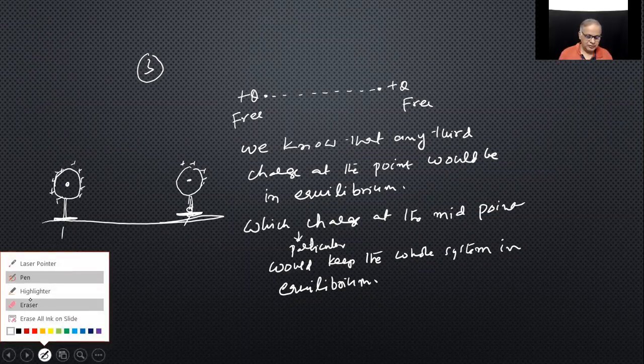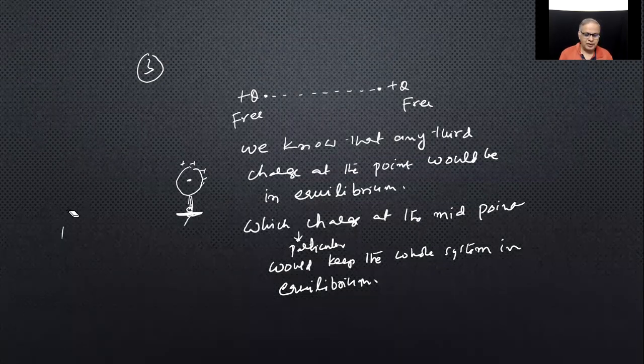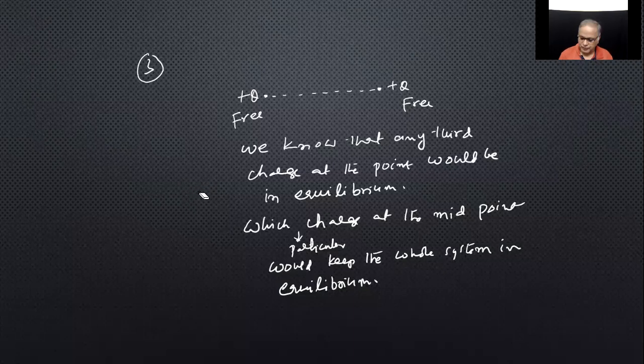Previously the middle charge was experiencing only electrostatic force, right? But the other two charges were experiencing other forces.